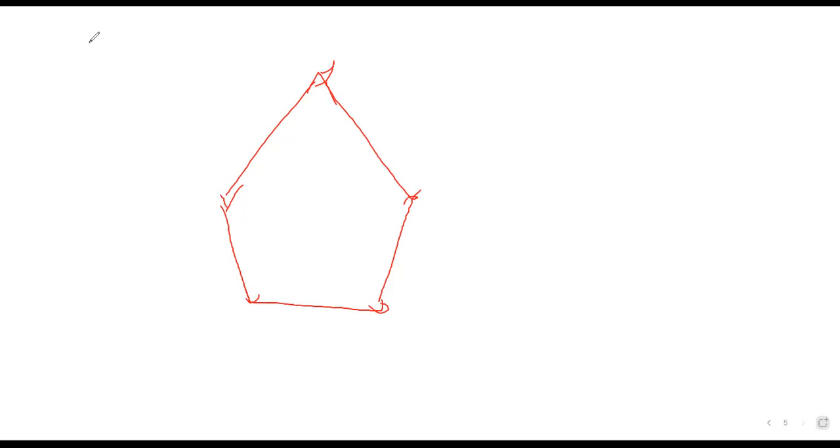But this is not the actual story. When you put one more pentagon over here, just like that, this green one is also a pentagon that is overlaid.